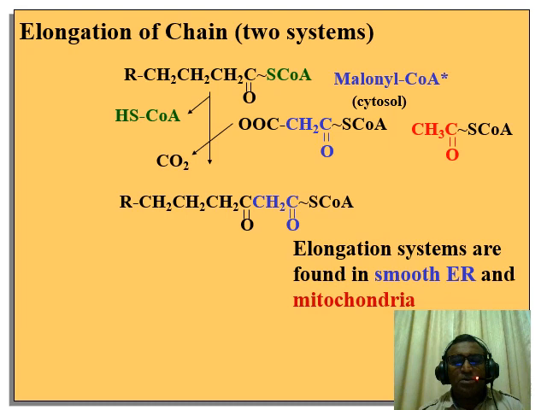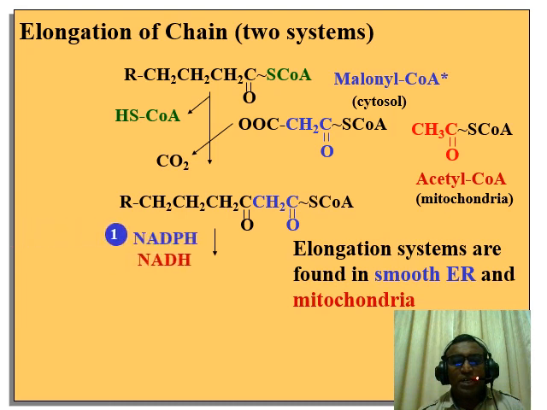While in the mitochondria, the acetyl-CoA comes in instead of malonyl-CoA, and again after the palmityl-CoA loses its coenzyme A, it will react with the acetyl-CoA to form the 18 carbon stearyl-CoA. What happens next in the smooth endoplasmic reticulum as well as in the mitochondria is slightly different.